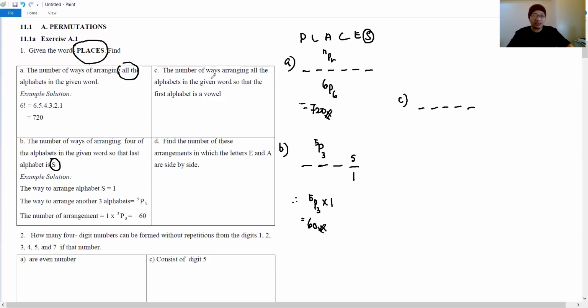We got how many? 6 places, because they are talking about all alphabets. But the first place must be a vowel. How many vowels do we have? We got A and E, right? So there are 2 words here, and we need to choose one.